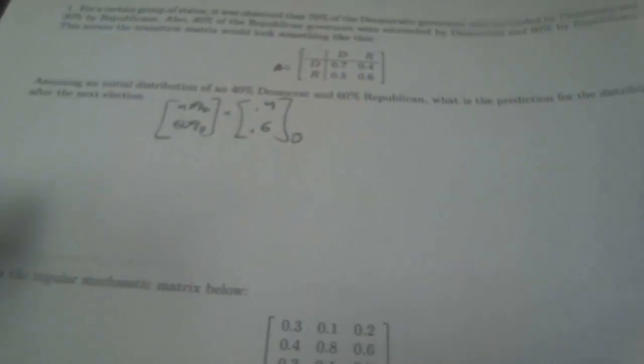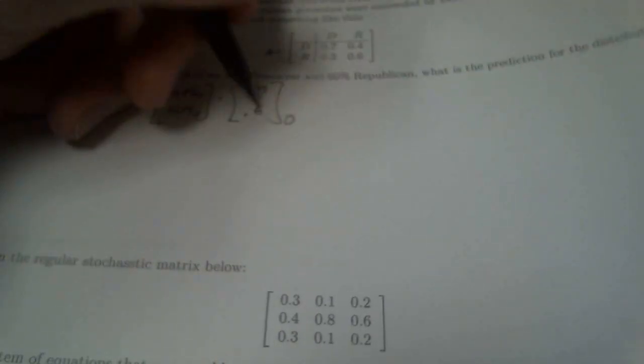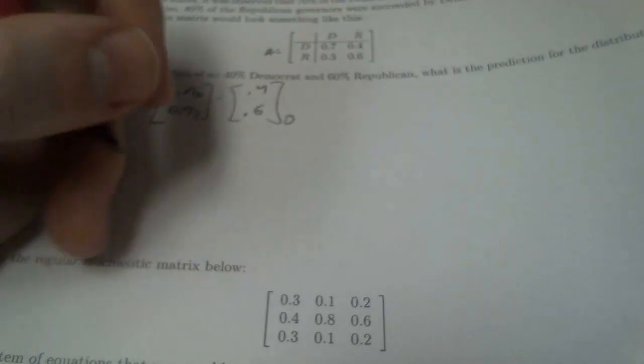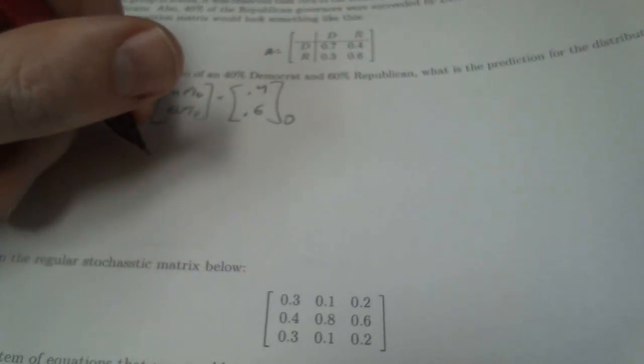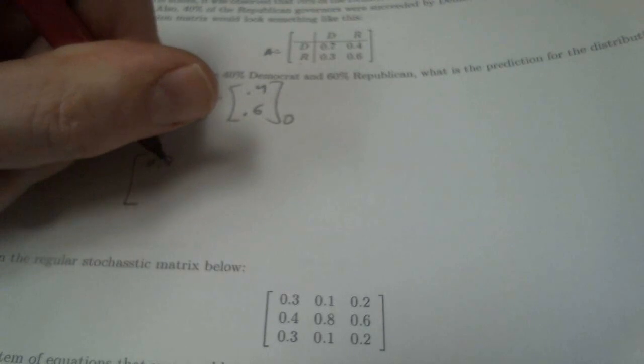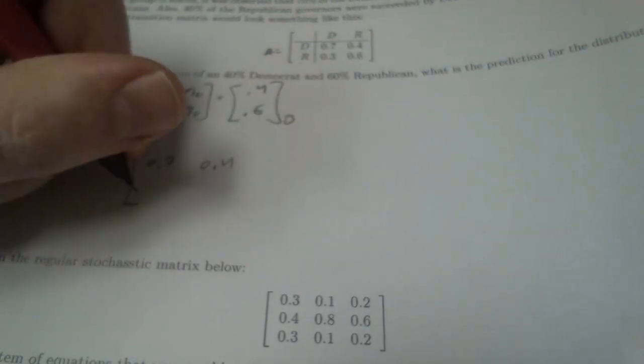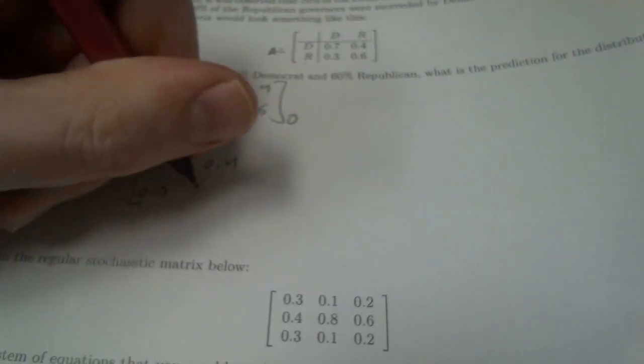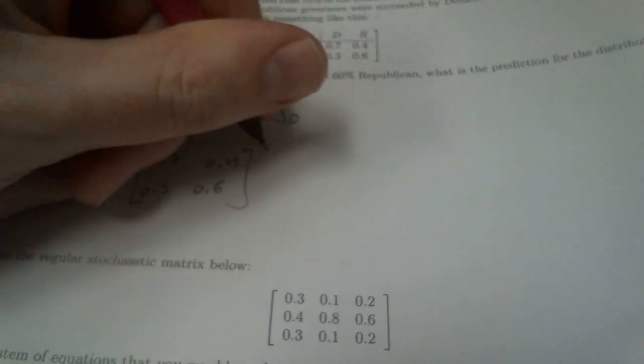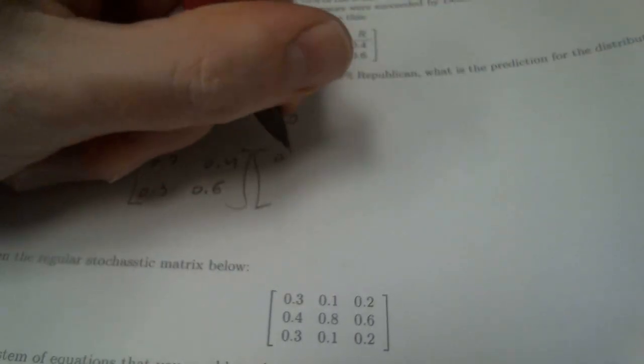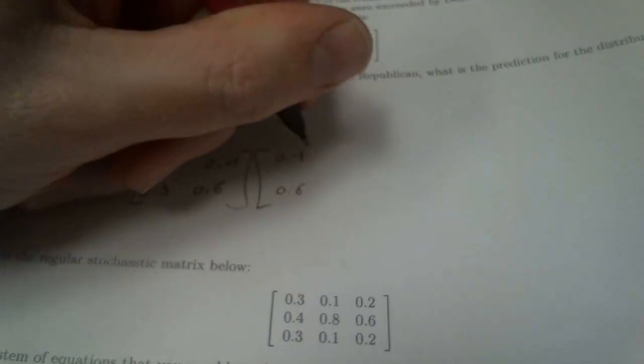All right, so then to find my next distribution, the distribution after one election, I'm just going to take A times my initial distribution in this case. So you have 0.7, 0.4, 0.3, 0.6. We're going to multiply that times 0.4, 0.6.